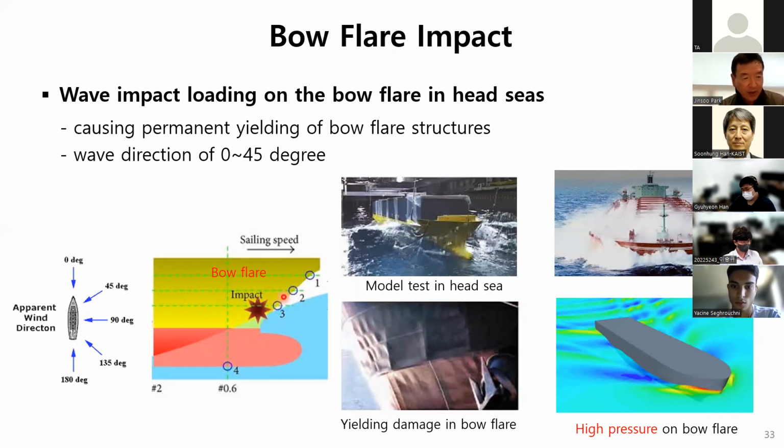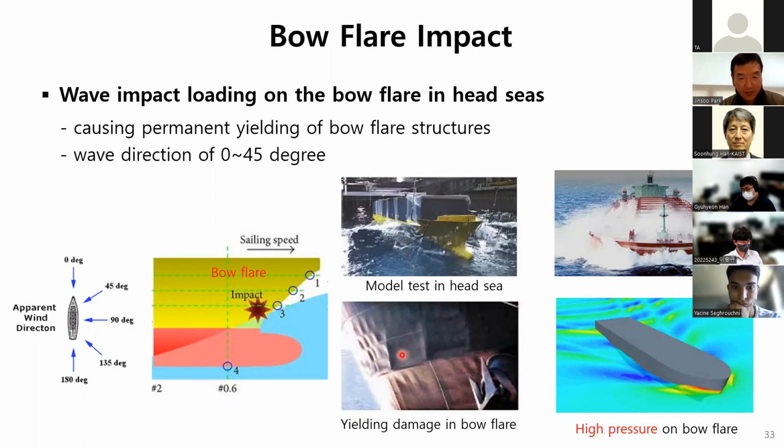Bow flare is the front structure above the water. In this area, impact loading may happen and cause permanent yielding deformation. So you can see in this photo an example of yield deformation.